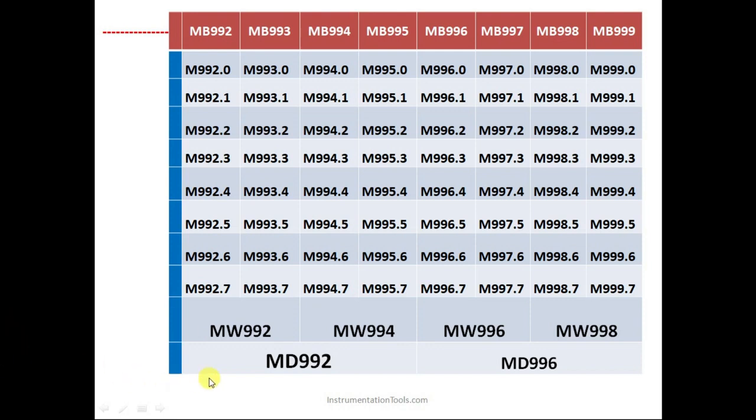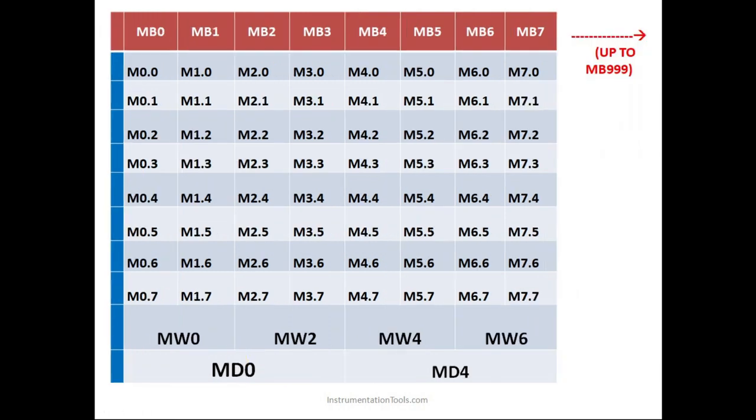Now one important thing: in case of integer addressing, whenever we want to address integers, that means only the values which do not have decimal points, we will be using MW0. We know that its maximum is 2 to the power 16, basically 16 bits. How many combinations? Minus 32768 to plus 32767. Similarly, if you want values more than 32767, then we will jump to MD0.